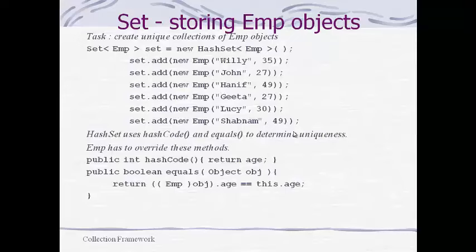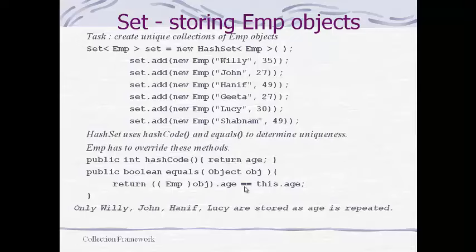So the Emp object has to override hashCode and equals. So hashCode, let us return age, and equals, we will compare the ages of the two objects.